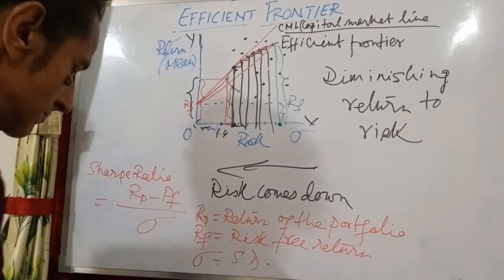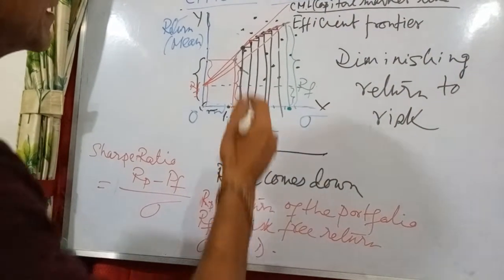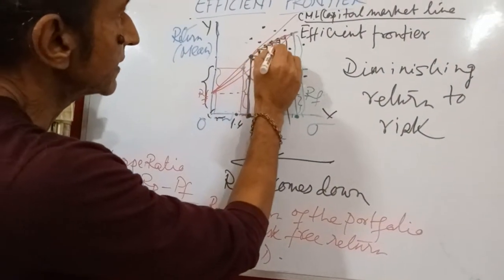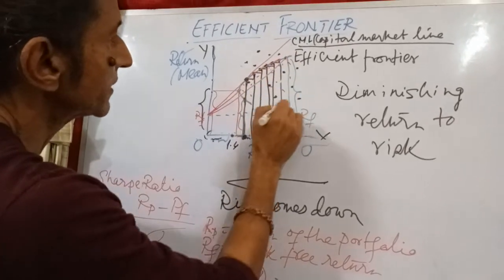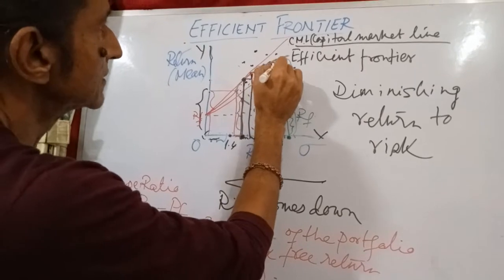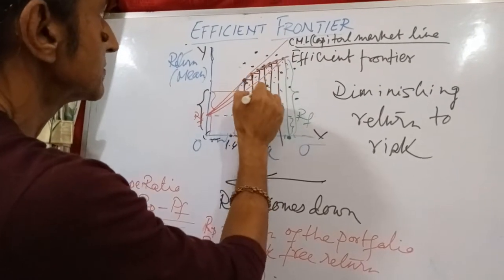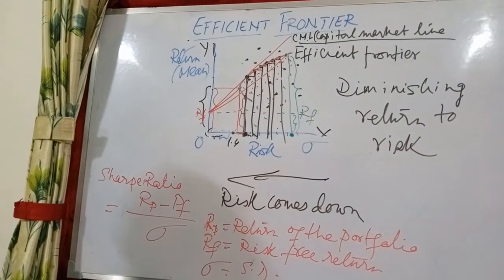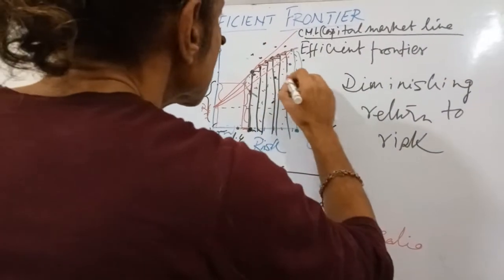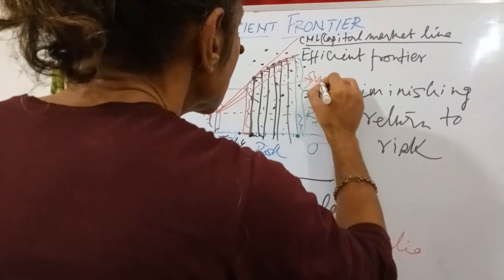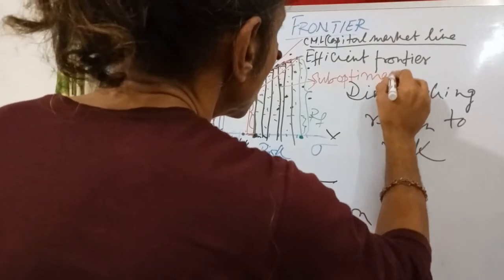All other portfolios lying below the efficient frontier, there are innumerable portfolios lying below the efficient frontier. These are called suboptimal portfolios.